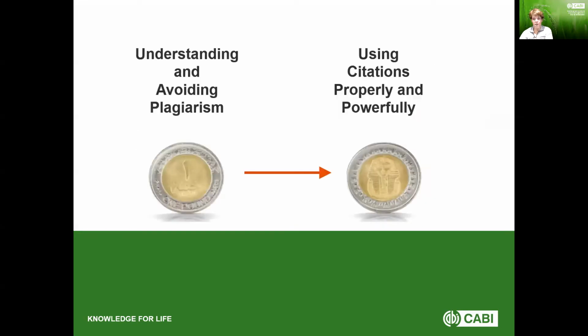So again, moving on to the main topic of the day, I remind you again that there's a counterpoint. Understanding what plagiarism is and how to avoid it is the flip side of that coin, which is understanding how to use citations and when to use citations.